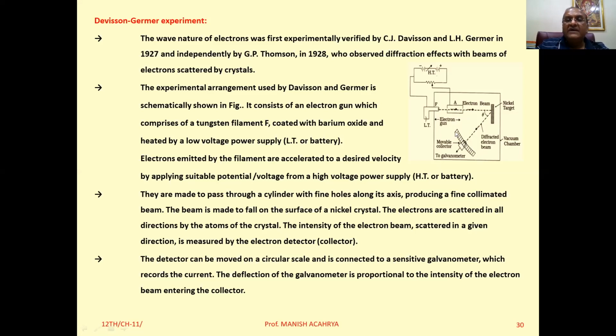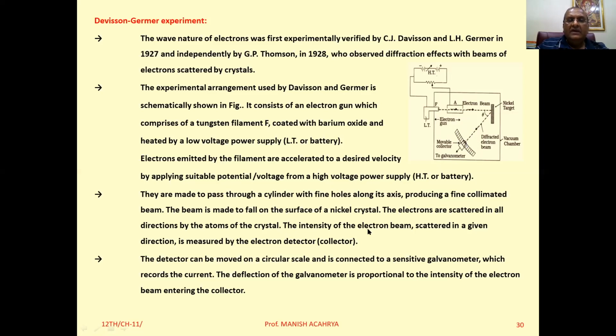This type of experiment was performed by Davisson and Germer. This entire arrangement was placed in an evacuated chamber, right? So when the electrons are scattered, their interaction with any other particle is not possible.